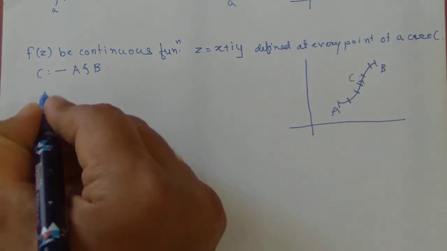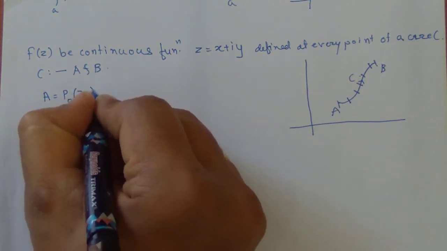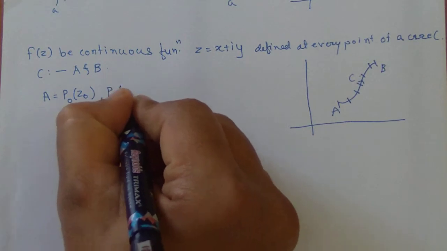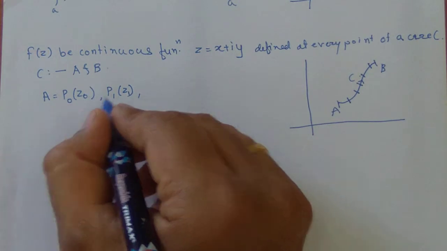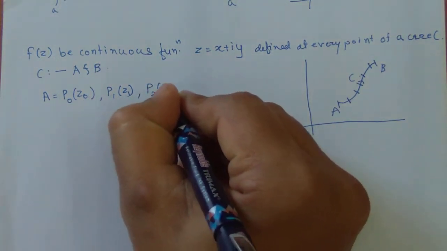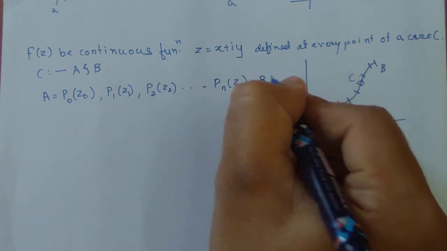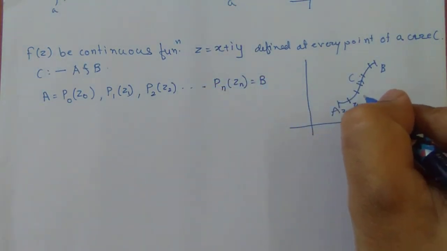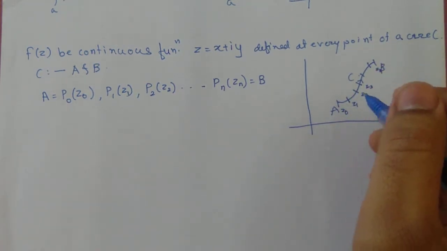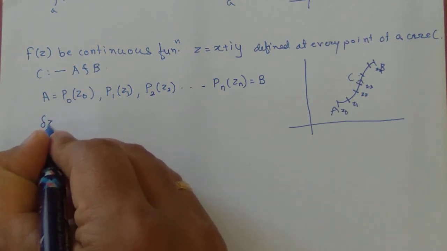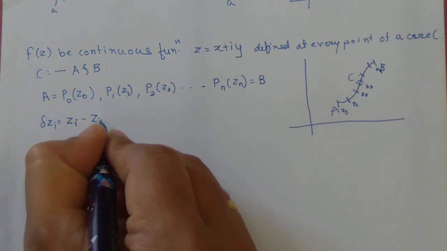Each partition will be specified as A equal to P0 with Z0, to P1 with Z1, then P2 with Z2, and so on, up to Pn with Zn. So that will be your point B. So you can say this is Z0, then Z1, then Z2, then Z3, and so on up to Zn. Now let delta Zi be Zi minus Zi minus 1.